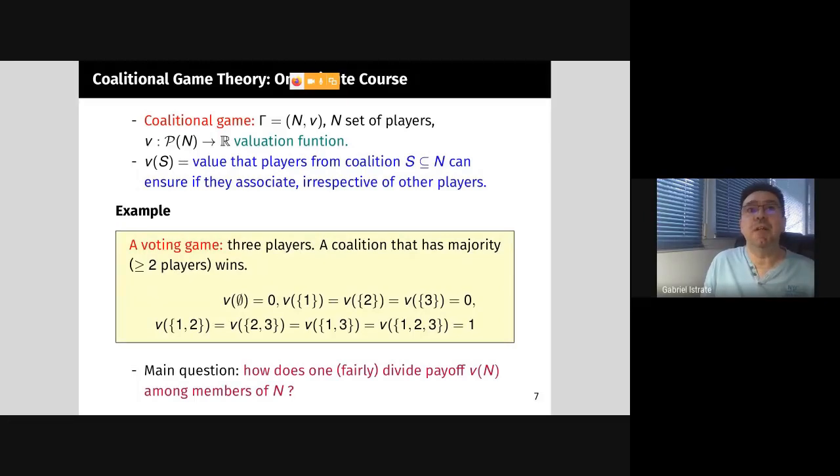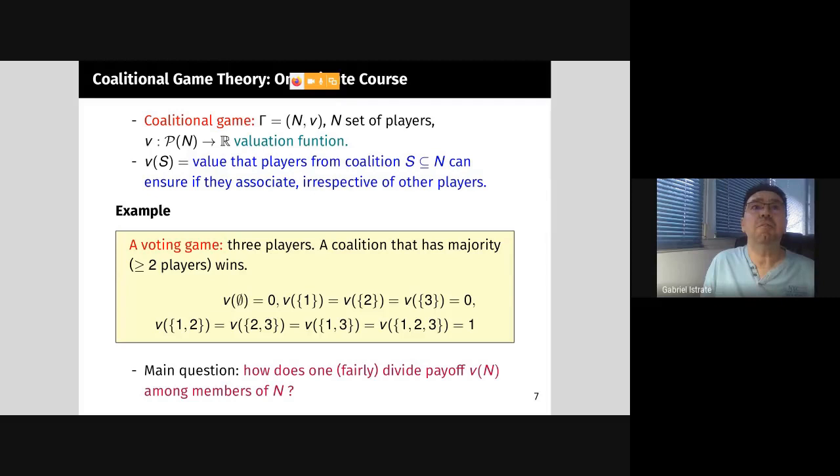So this is a part of game theory, and what we have is a set of players, and the players may create coalitions. And the goal is to get value by joining the coalition and then dividing the value that they can get between themselves.